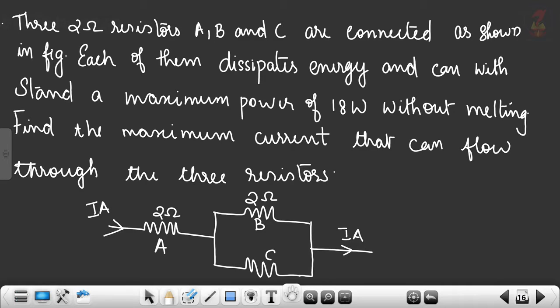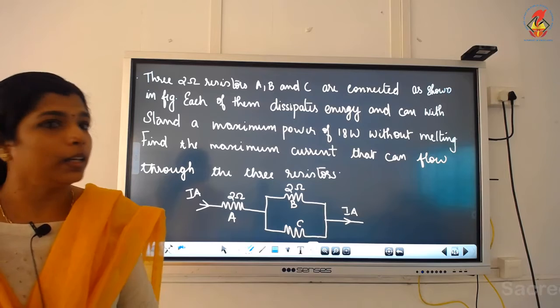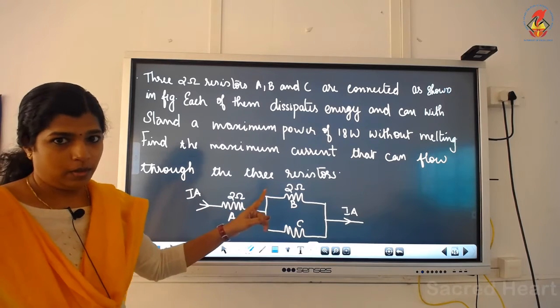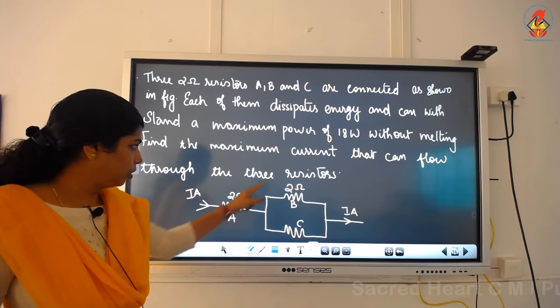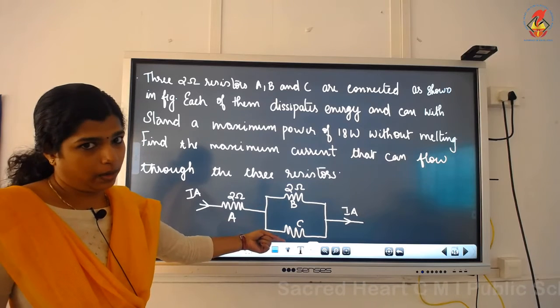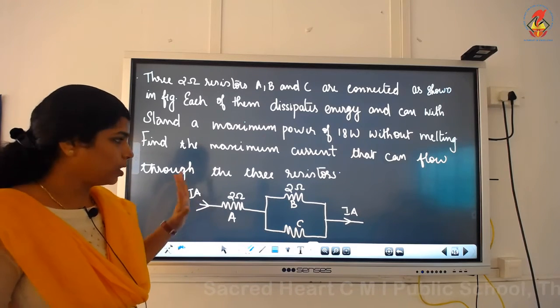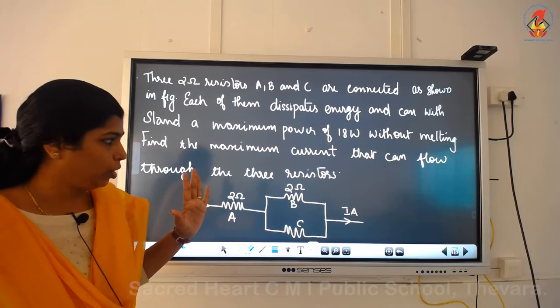Find the maximum current that can flow through the 3 resistors. The value of each one is 2 ohm. First, 2 resistors are connected in parallel, then a 2 ohm resistor is connected in series to that combination.